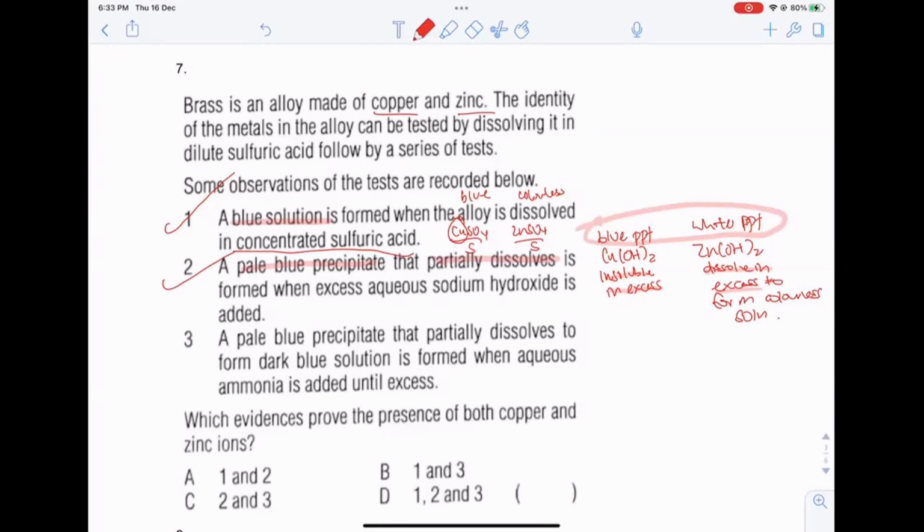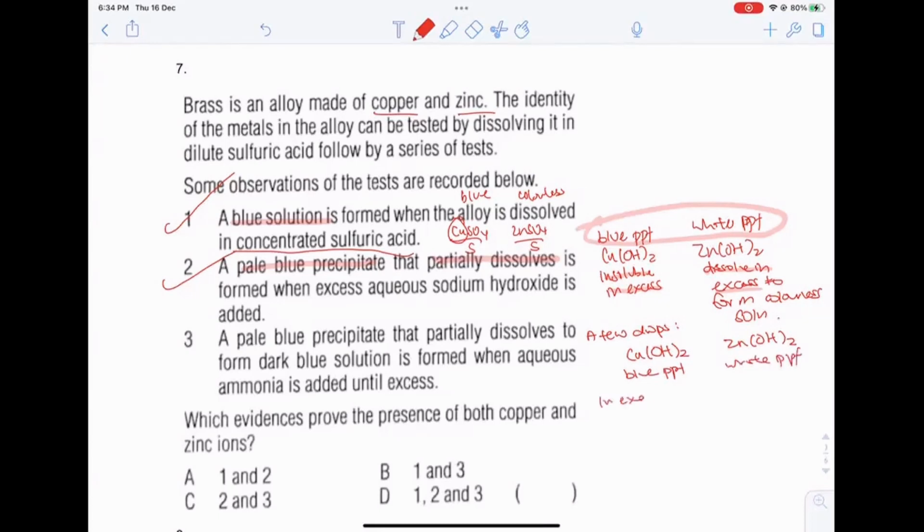Number 3, a pale blue precipitate that partially dissolves to form dark blue solution is formed when aqueous ammonia is added until excess. So when you add a few drops, then you will get CuOH2, ZnOH2. This one we mentioned, blue PPT, white PPT.